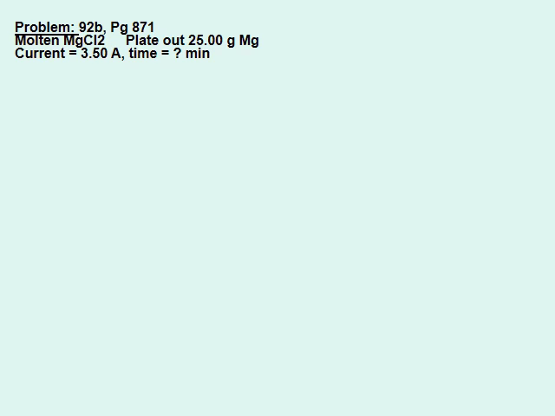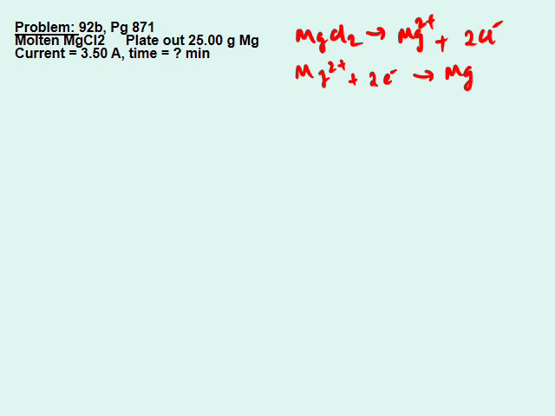In 92B you have molten magnesium chloride, a melted liquid where magnesium chloride separates into Mg2+ and 2Cl-. Mg2+ receives 2 moles of electrons, converting into Mg solid. That's an extremely important reaction for us.